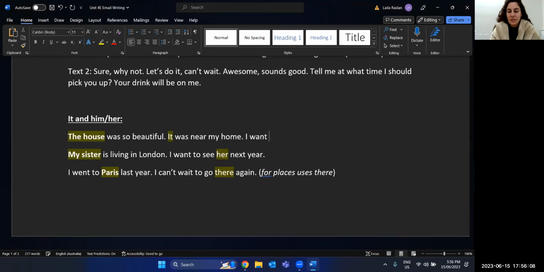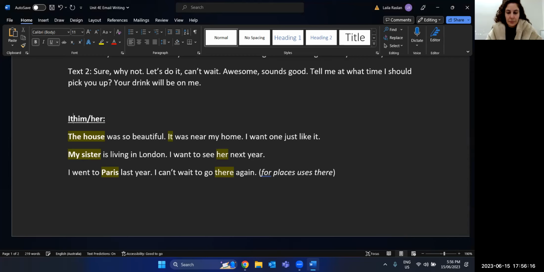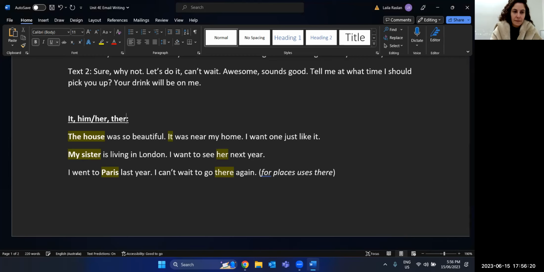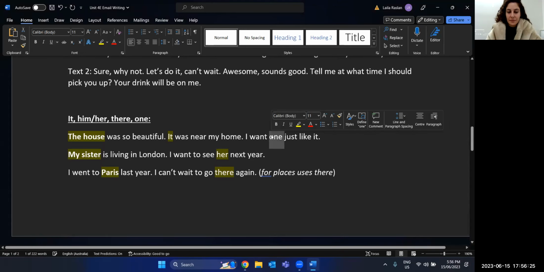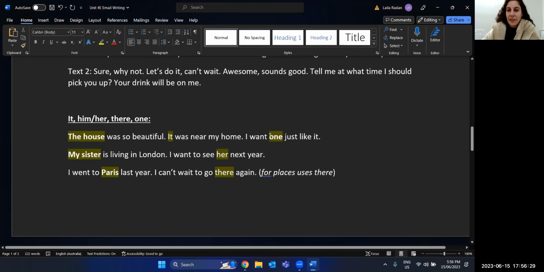I want a house. I want one just like it. Yeah. So in that sentence before, it was about the photocopier. So I want one. I want a house just like it.